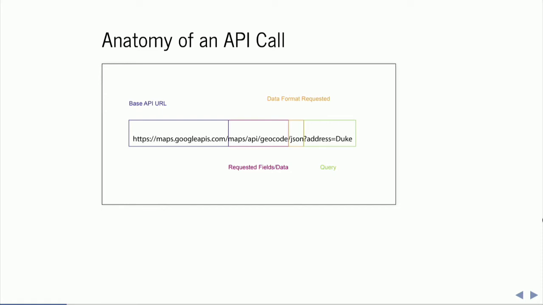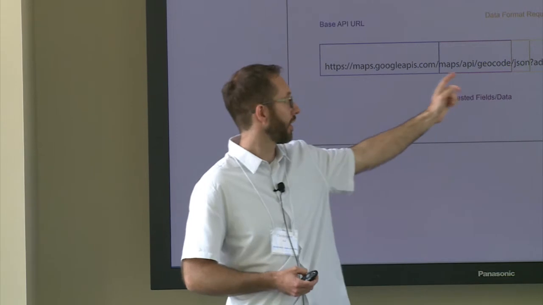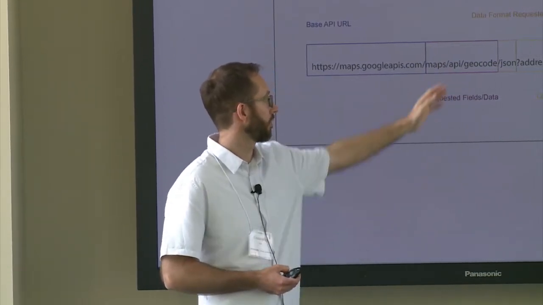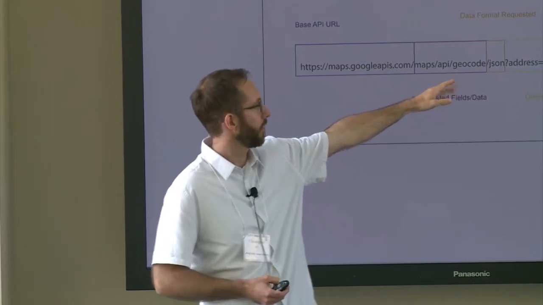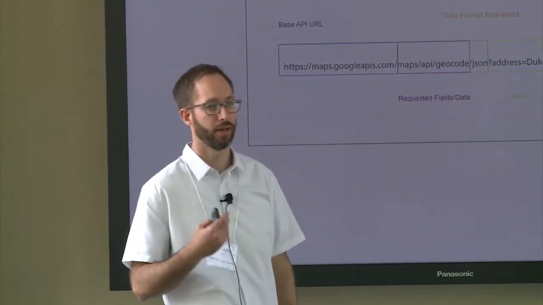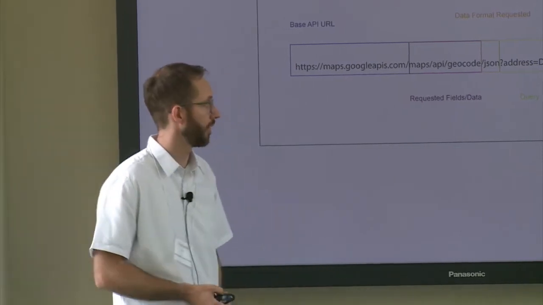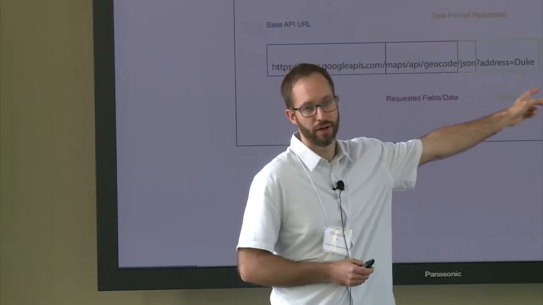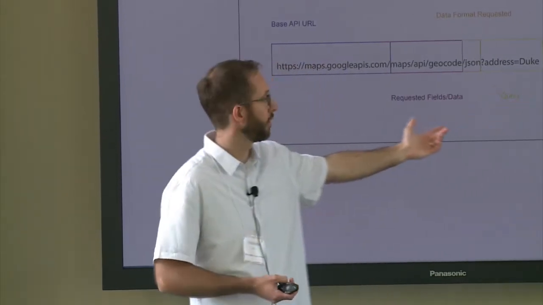Here, we're going to use something called the Geocode API. It happens to live in this maps/api/geocode. And then we're saying we want the data format, which here we're going to ask for, again, JSON data. And then finally, at the very end, we have a query here for Duke University, right?